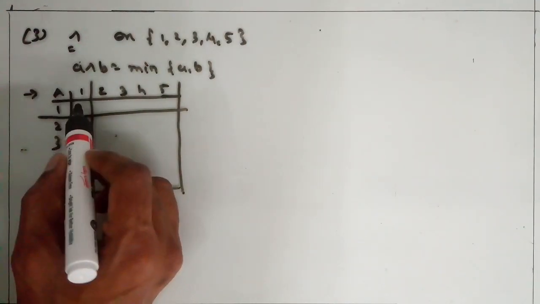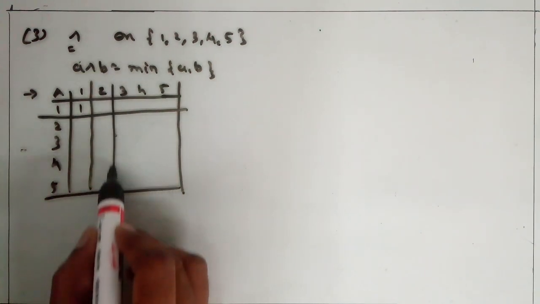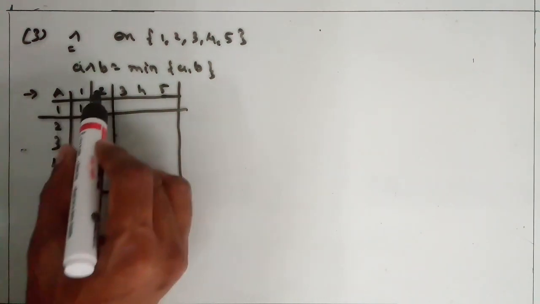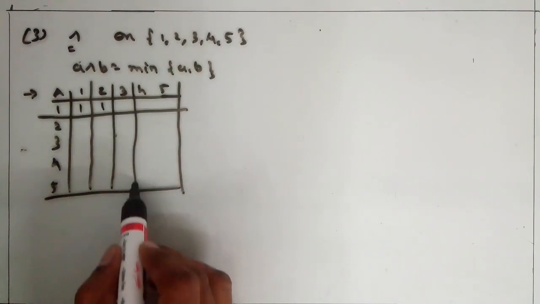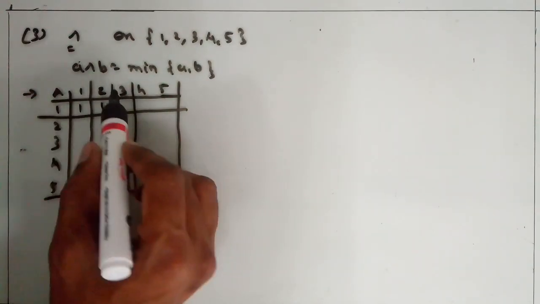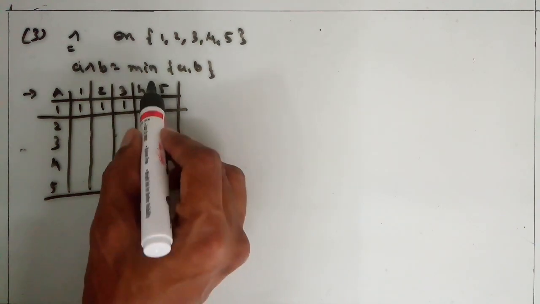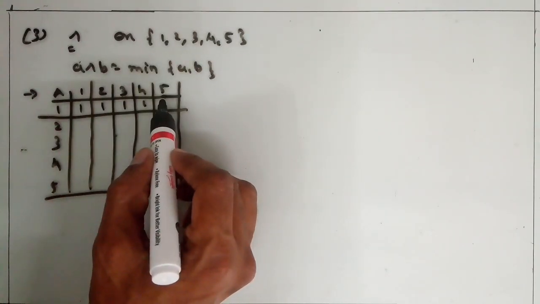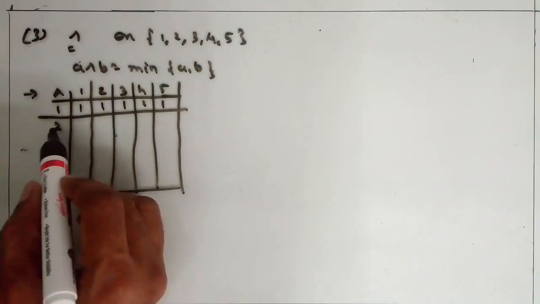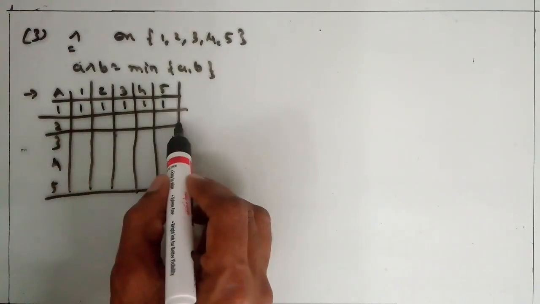Minimum of 1 and 1 is 1. Same, minimum of 1 and 2 is 1. Minimum of 1 and 3 is 1. Same for 5, 1. Clear? Same for 2.